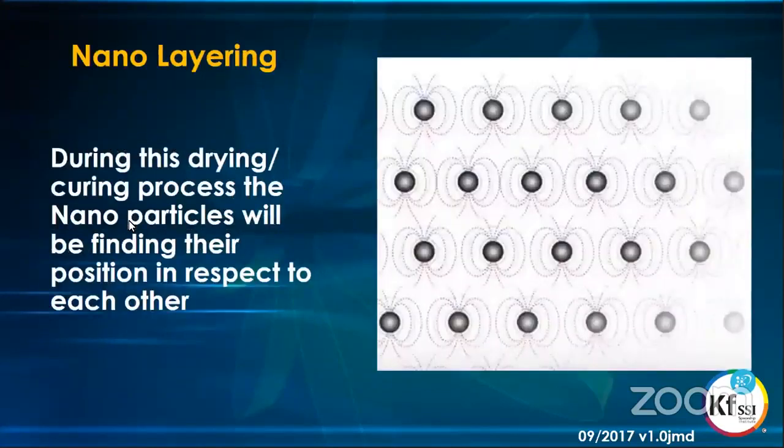And as we've explained before, when you're doing your nanocoating process, and it's particularly during your drying and curing process where you're leaving your plates to sit for weeks at a time, this is what those tiny atoms are doing, is they are trying to find their position in relationship to each other.